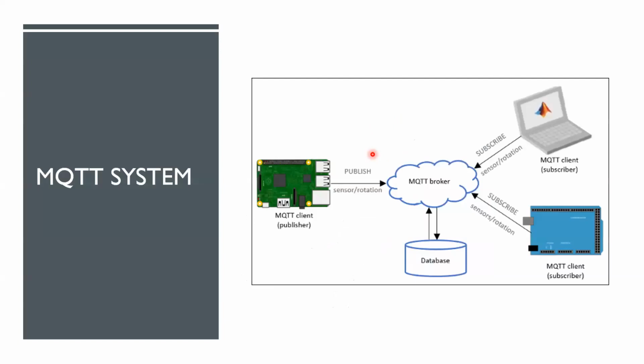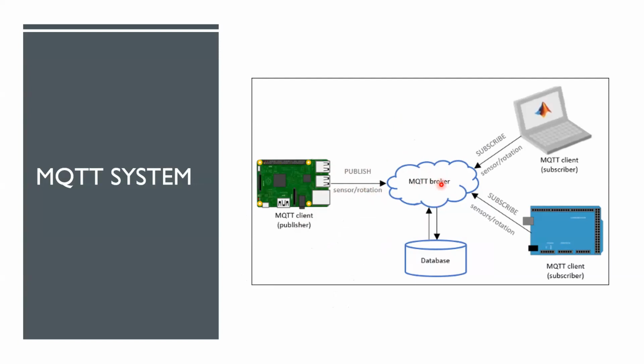So this is the MQTT system. That question mark is the MQTT broker. It's basically a server that handles everything in the system. For instance, this client is the publisher sending sensor rotation data.